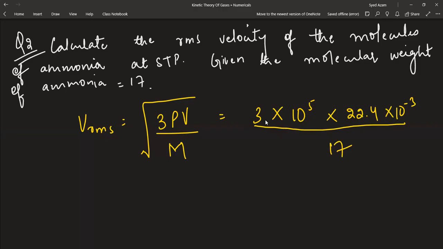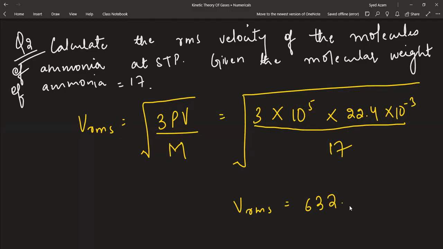Molecular weight is 17. This you can calculate. I'll tell you the answer for this. The answer is 632.8 meter per second. Okay. Write it. One more question on RMS only I want to do. First you write it, text me done, then that question I'll write.